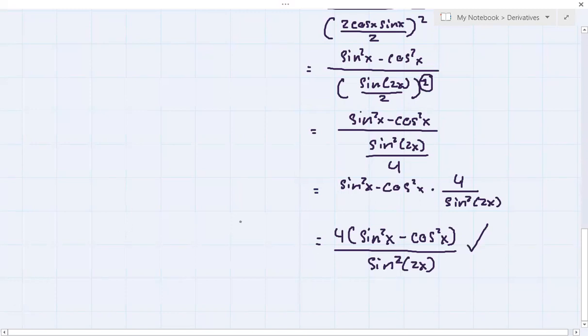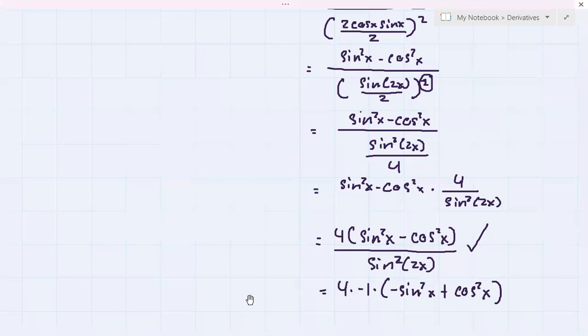So dito, ang gagawin ko muna is I can factor out negative 1 dito. So what happens kapag na-factor ko si negative 1? So this would be 4 times negative 1 times negative sine squared x plus cosine squared x.